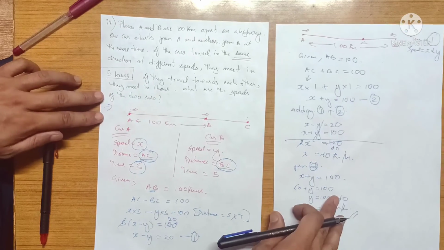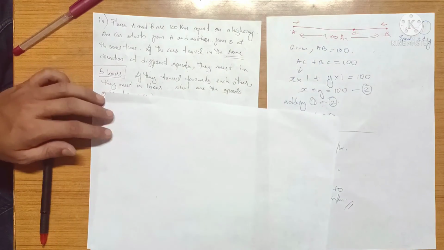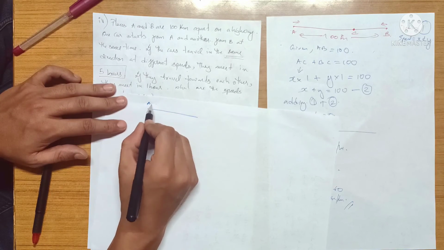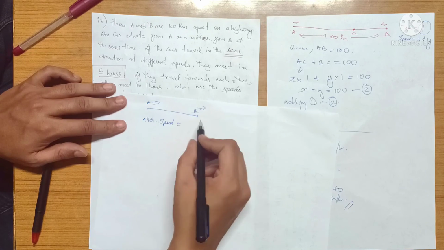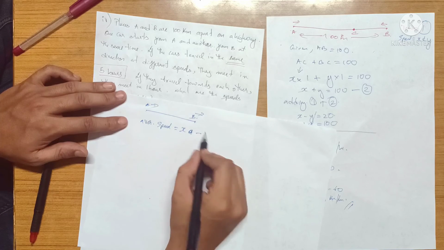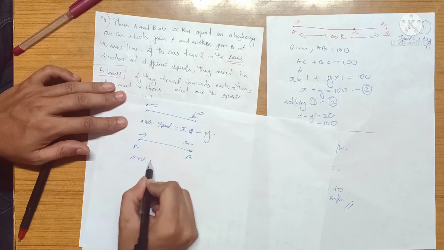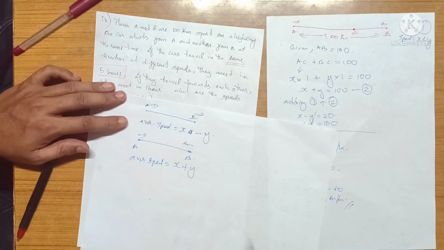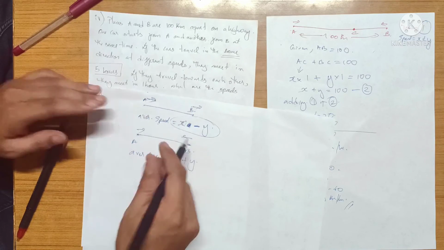If a relative speed question comes in some other form, like what is the speed of car A and B combined, or if you look on YouTube and get confused: if car A is traveling this side and car B is traveling this side, in the same direction, then the relative speed will be the speed of car A minus the speed of car B. If the cars are traveling in opposite directions, then the relative speed will be car A plus car B. So if they're moving in the same direction, the faster car cancels the slower car, you subtract, and whatever the result is will be the relative speed.